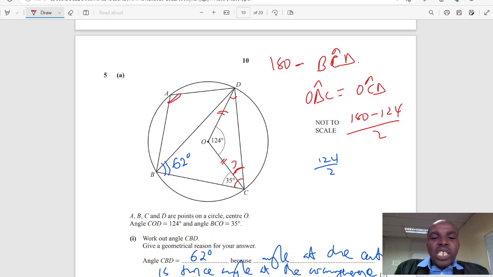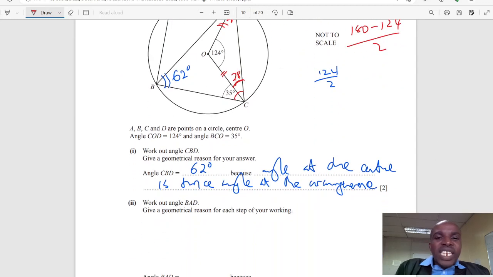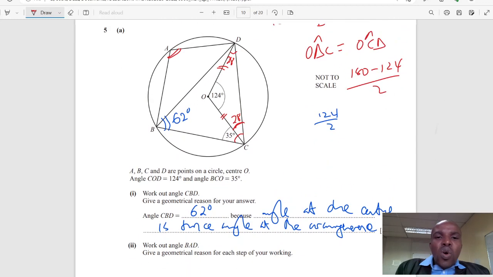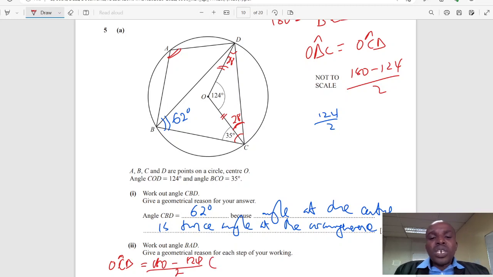So this small angle is 28. So when writing here, you say angle OCD is equal to 180 minus 124, then you say divided by 2. So this one you can say angles in a triangle, or base angles of an isosceles triangle, to give you 28 degrees.